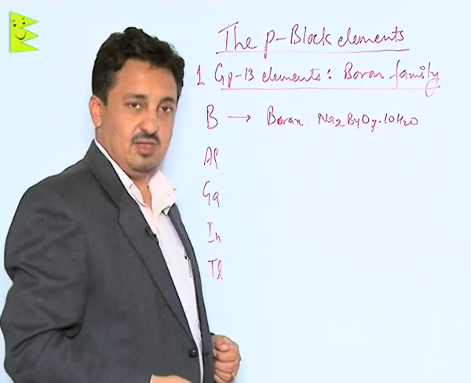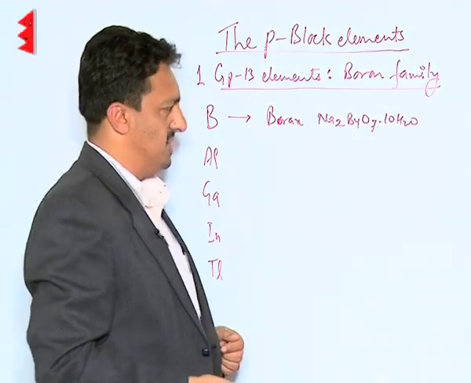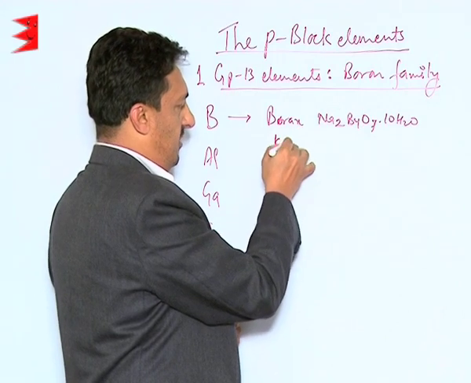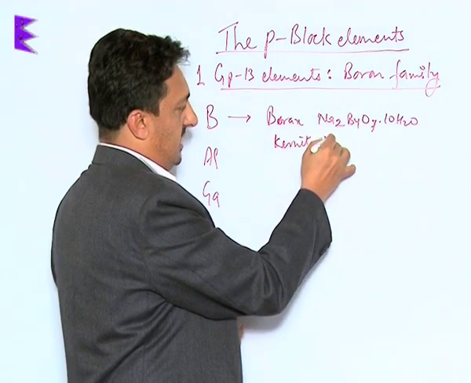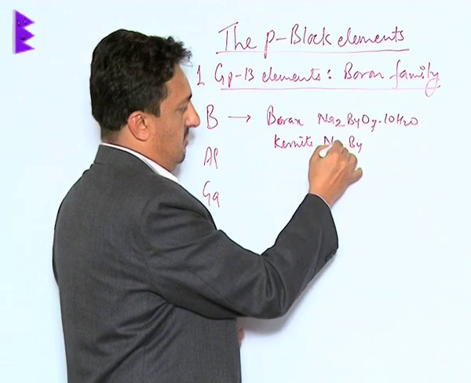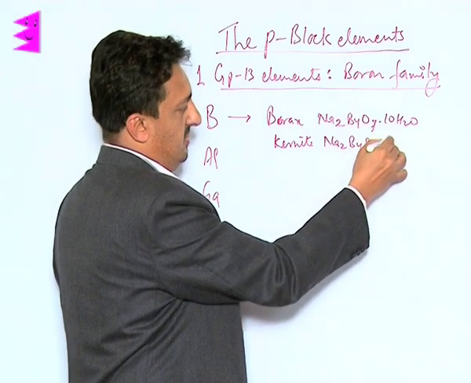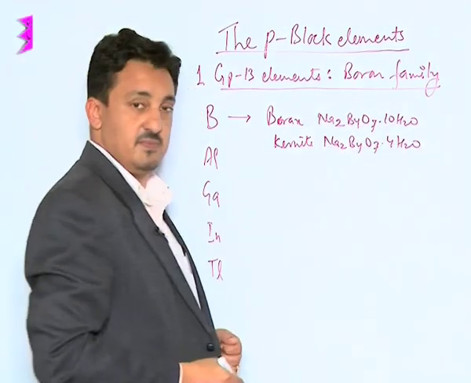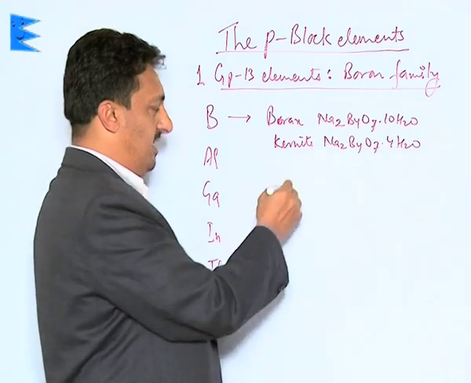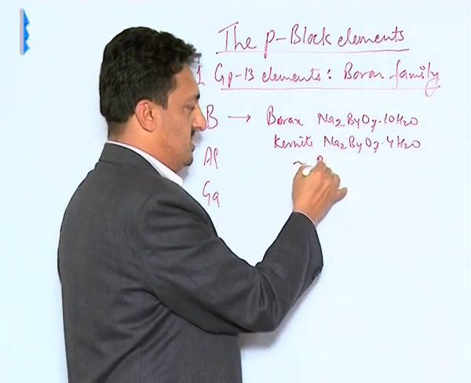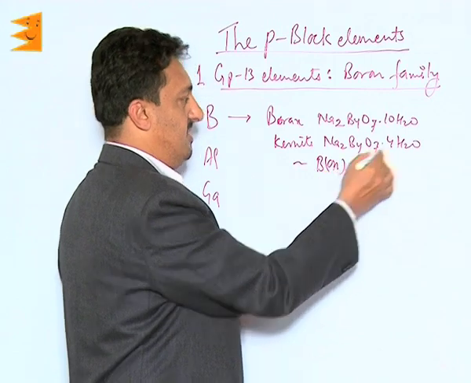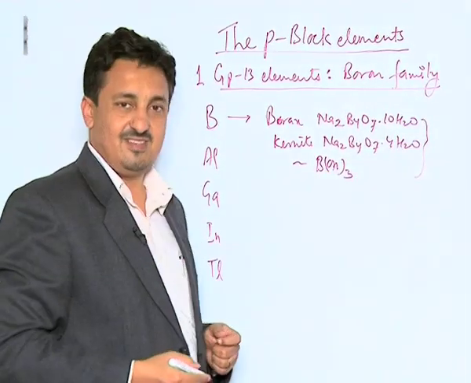We'll be doing it later within this chapter. It also exists in the form of kernite, which is Na2B4O7·4H2O. And it also exists in the form of orthoboric acid, which is B(OH)3. So these are its main forms in which it exists in nature.